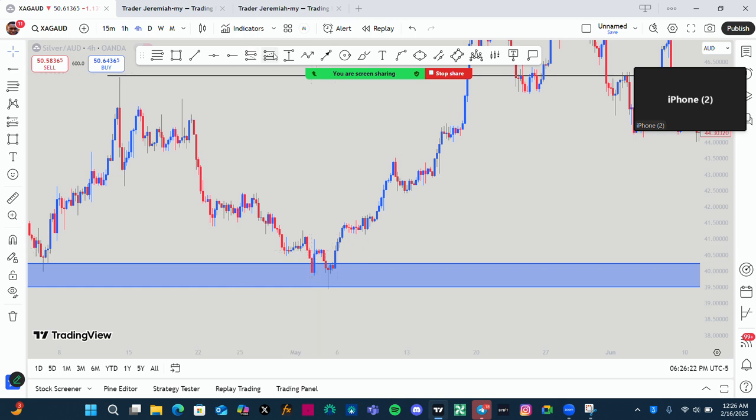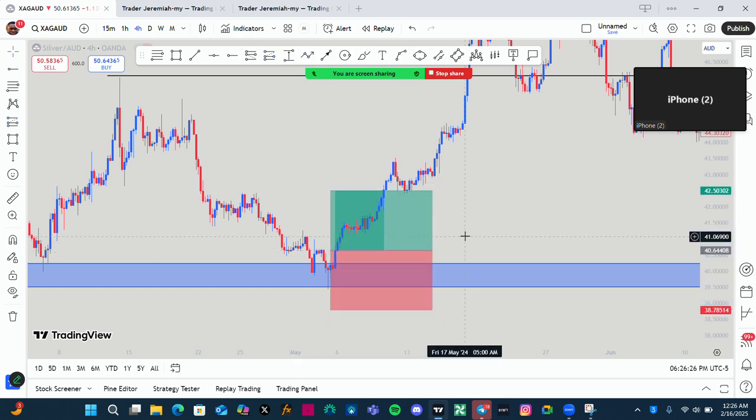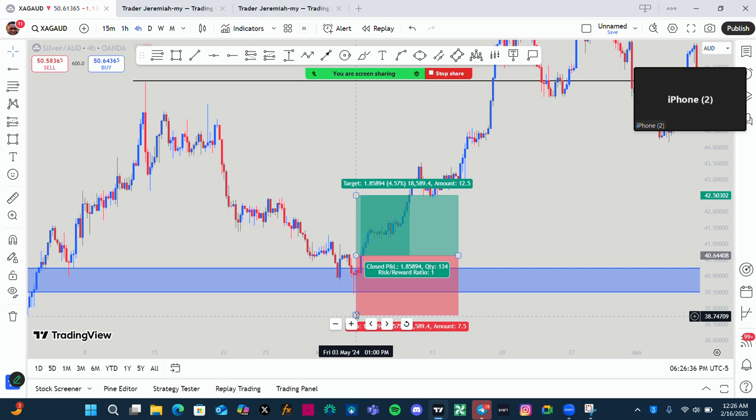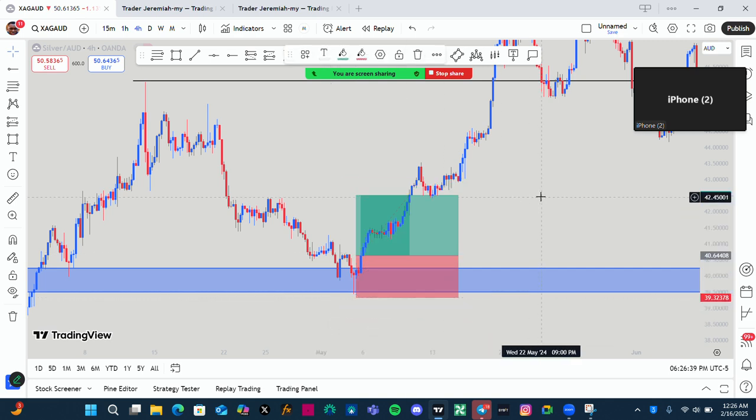Let's just use it for an example. But sometimes I cannot catch it that fast. I said sometimes I don't catch the entry that fast.